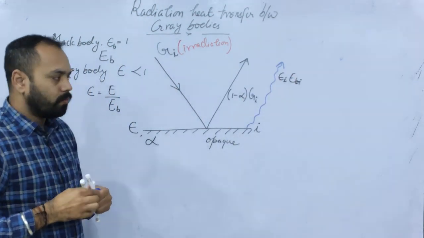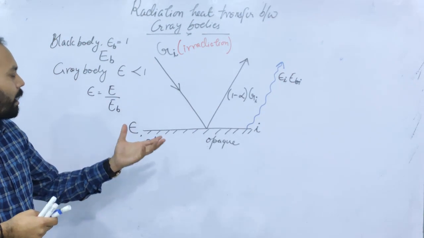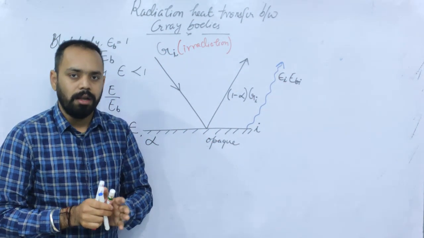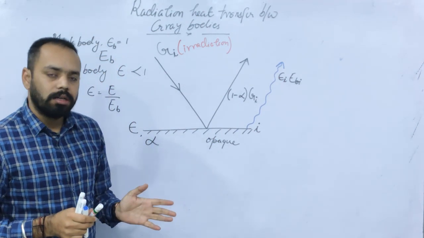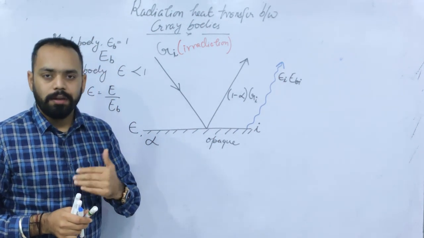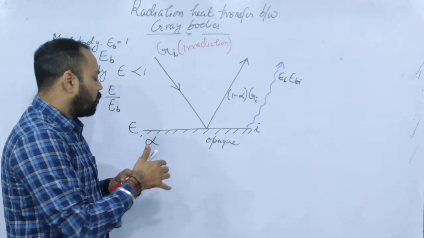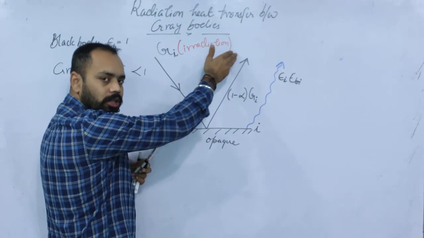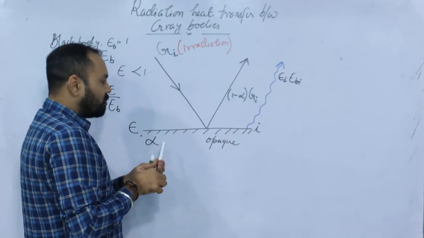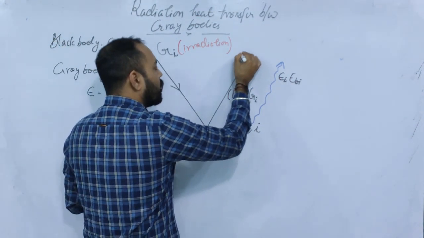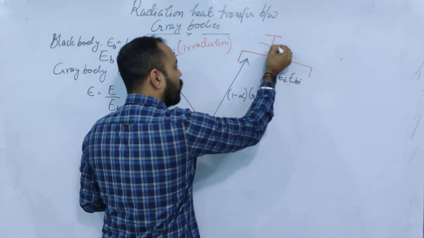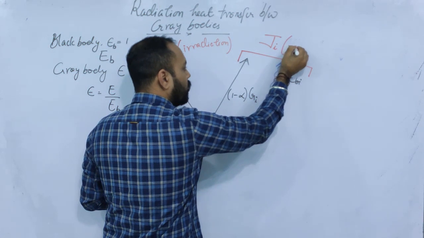Fine, right? So please note that the units of Gi and the units of EBI are the same. All these terms, the Gi term and the EBI term, have the unit of energy per unit area per unit time. Now the surface is reflecting some radiation as well as emitting some radiation. If you combine these two together, they are referred to as Ji, and we give this Ji a name.